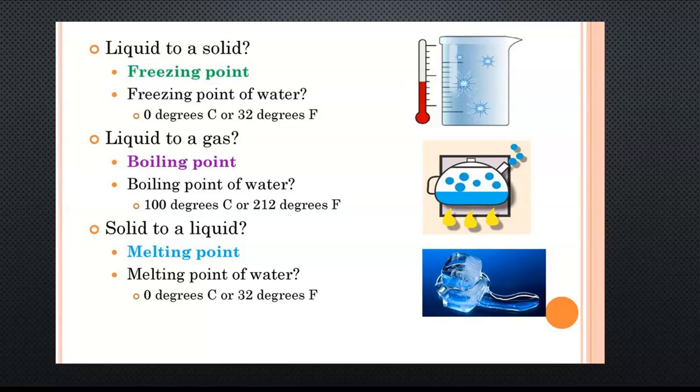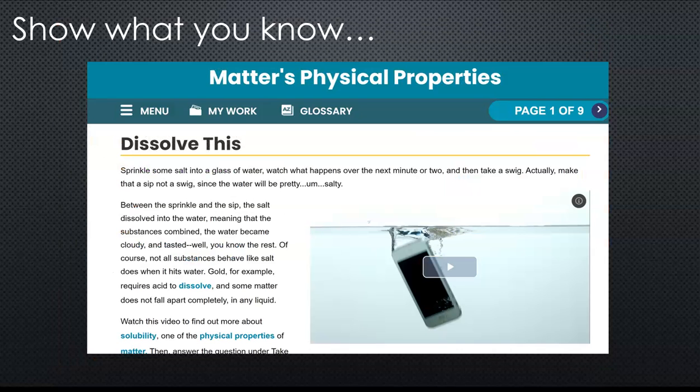That's where it goes from a liquid to a gas, and that would be 100 degrees Celsius. Okay. And we know it also has a melting point. Okay, so that melting point is also at 0 degrees, but now we're adding energy, so it's going from a solid to a liquid. So freezing point, boiling point, and melting point, those are all properties of matter.